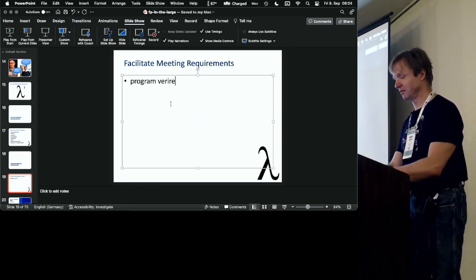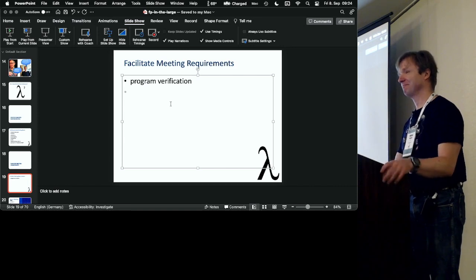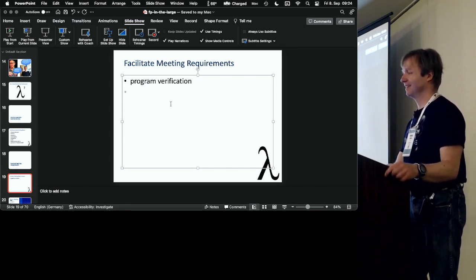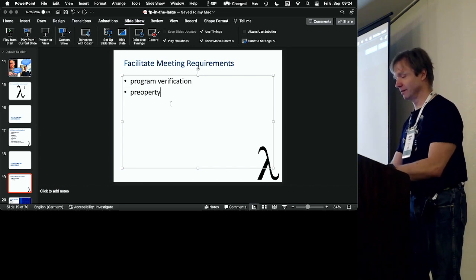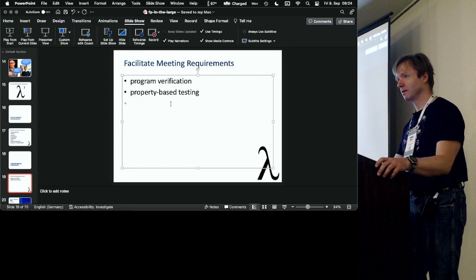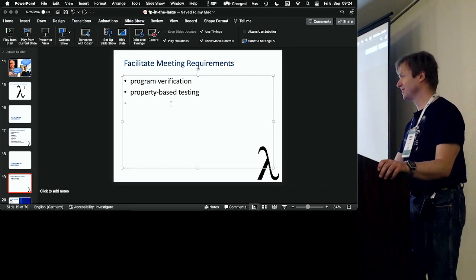Okay, yes, now that sure has made it out. Property-based testing. Is that from the functional community? I don't think so. That is depressing, right?